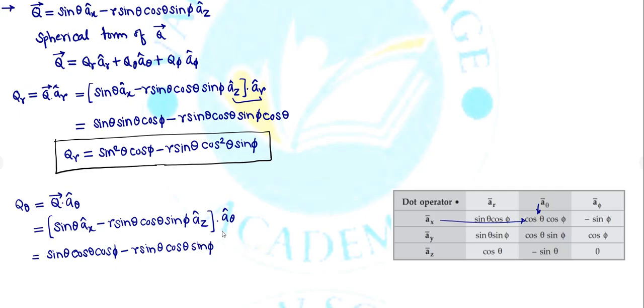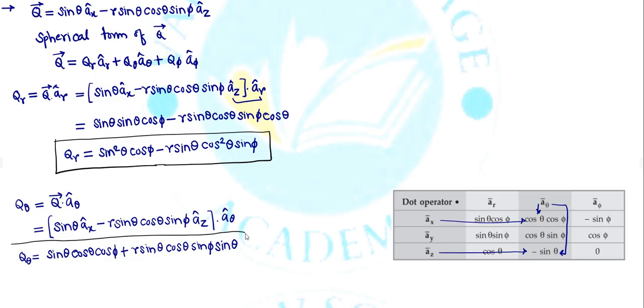Now next is the dot product between this a z and this a theta. That is minus of sine theta. So for this I am going to write simply this sine theta over here, and this minus sine and this minus will be plus now. This is what we have for the component for theta. Okay, so we have the value for Q theta.